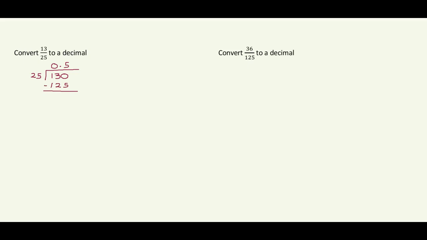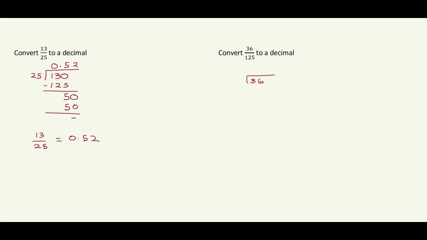We subtract this and we get a 5, which is still less than 25. We append a 0. 50 divided by 25, we have a 2. 2 times 25, we have a 50. And so we have 13/25 is equal to 0.52.